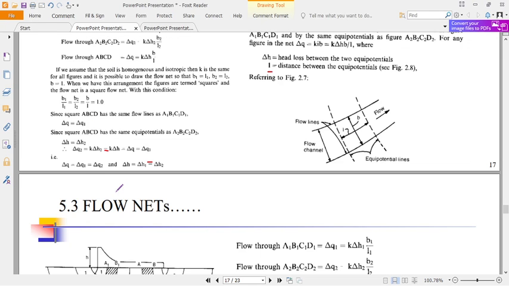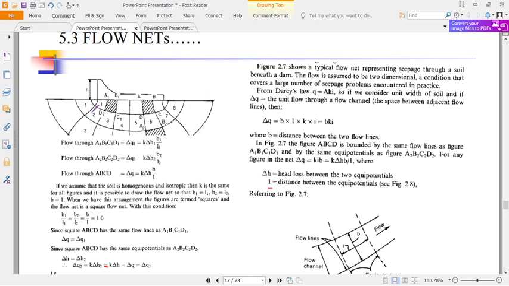But before you go there, the issue is to determine flow. Remember, the water is flowing perpendicular to the face, into the paper. Let us take a meter width. You know that flow is equal to K times the pressure difference times area.